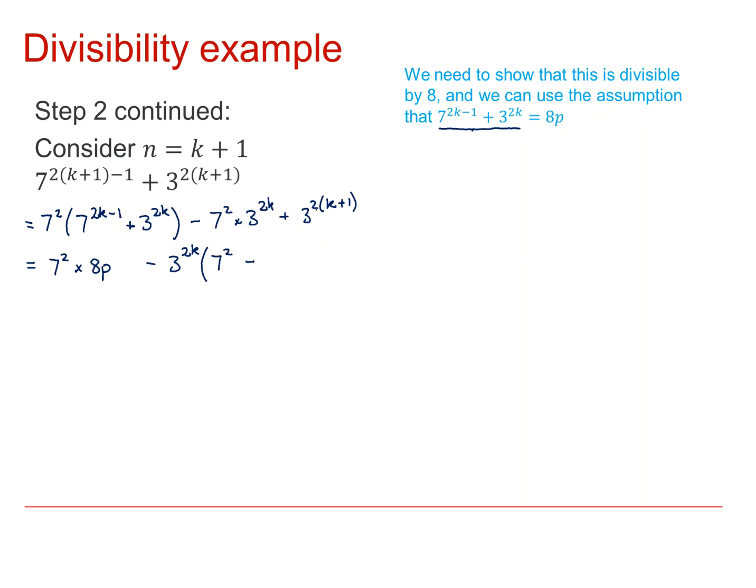And here I've got 3 to the 2k plus 2 if I multiply that out. So I've got a 3 squared there. Now let's see what this looks like. Well, 7 squared is 49, and 3 squared is 9, and 49 take away 9 is 40, which very conveniently is a multiple of 8.